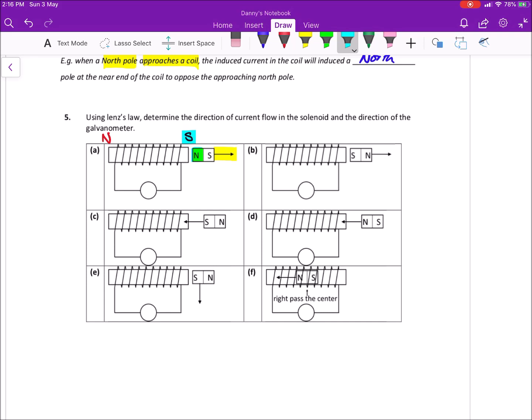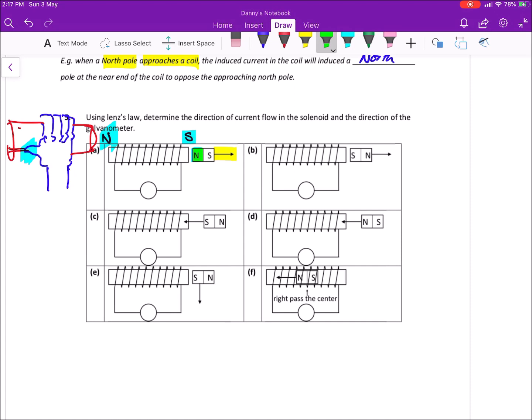And in order for me to have a south there, I need to position my right hand such that it looks like this, right? Right, so you imagine the coil is like that, so that I would have my north on this side.